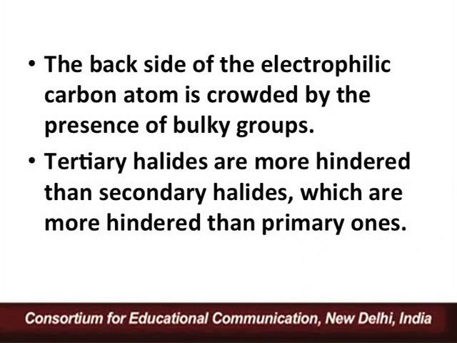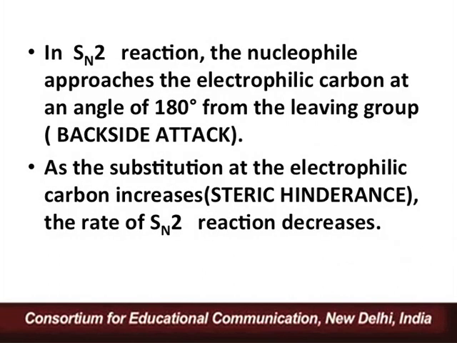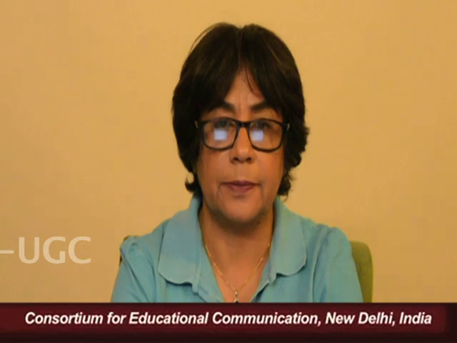Tertiary halides are more hindered than secondary halides, which are more hindered than primary ones. In an SN2 reaction, we know that the nucleophile approaches the electrophilic carbon at an angle of 180 degrees from the leaving group. That is, the nucleophile attacks the electrophilic carbon from the backside.